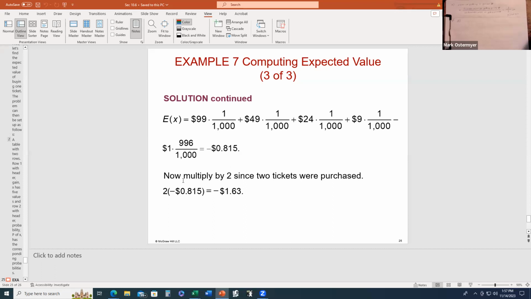So if we play this game 2 times, or buy 2 tickets, we would expect to lose about $1.63 on average. If we kept a running average of our net winnings, we would expect that average to be -$1.63 per play.